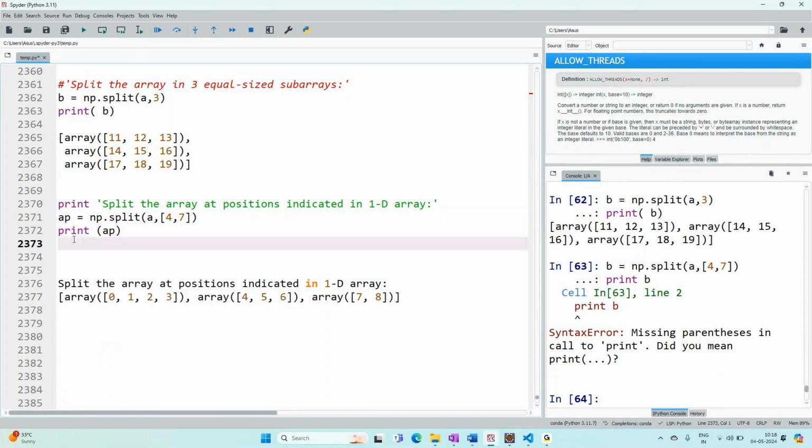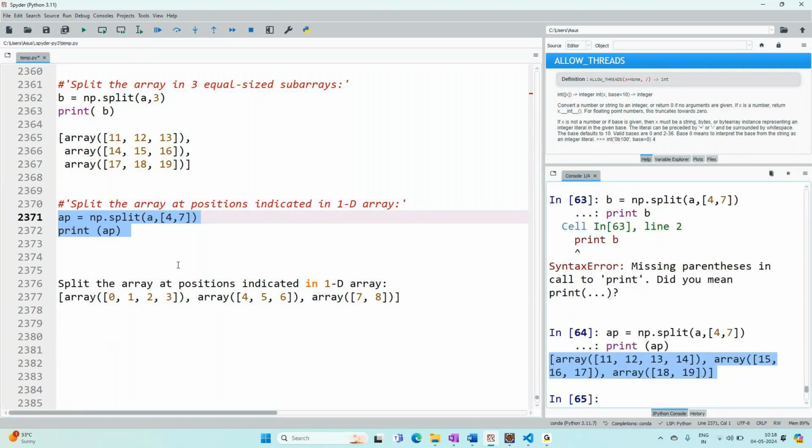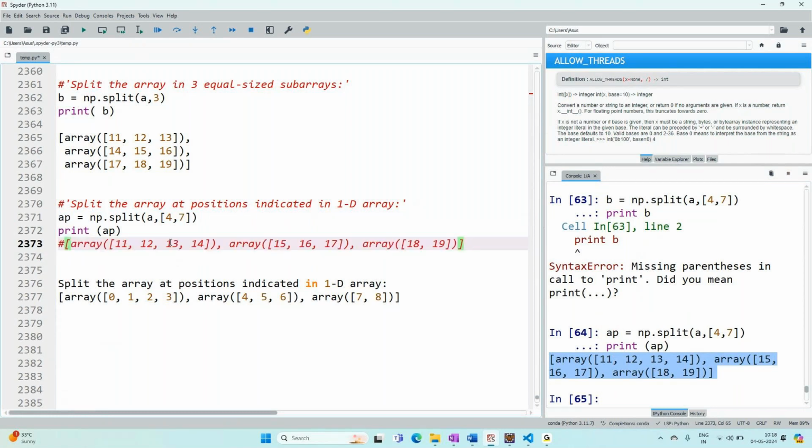So simply I will split 4 comma 7. Now what we observe here, we splitted the array.